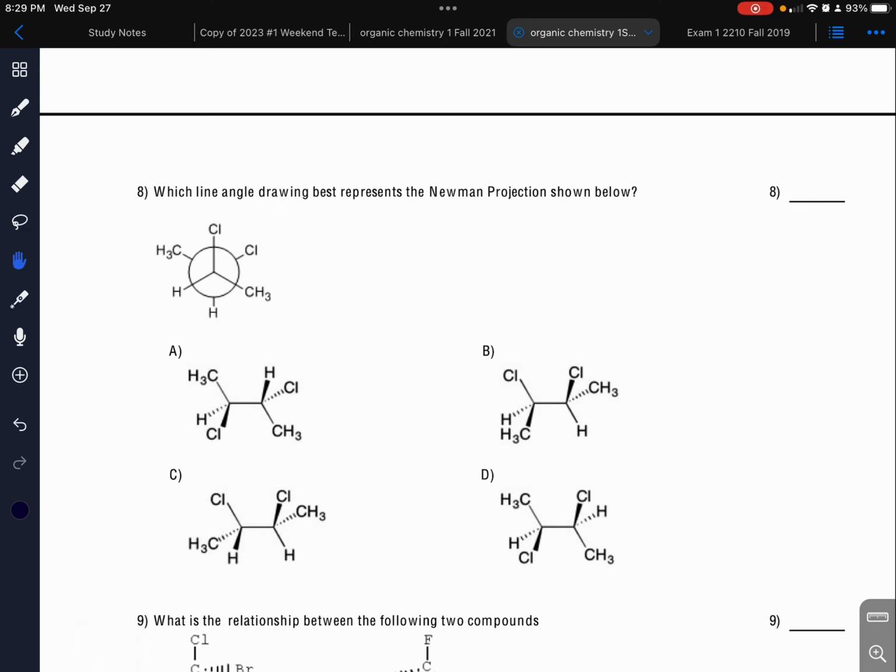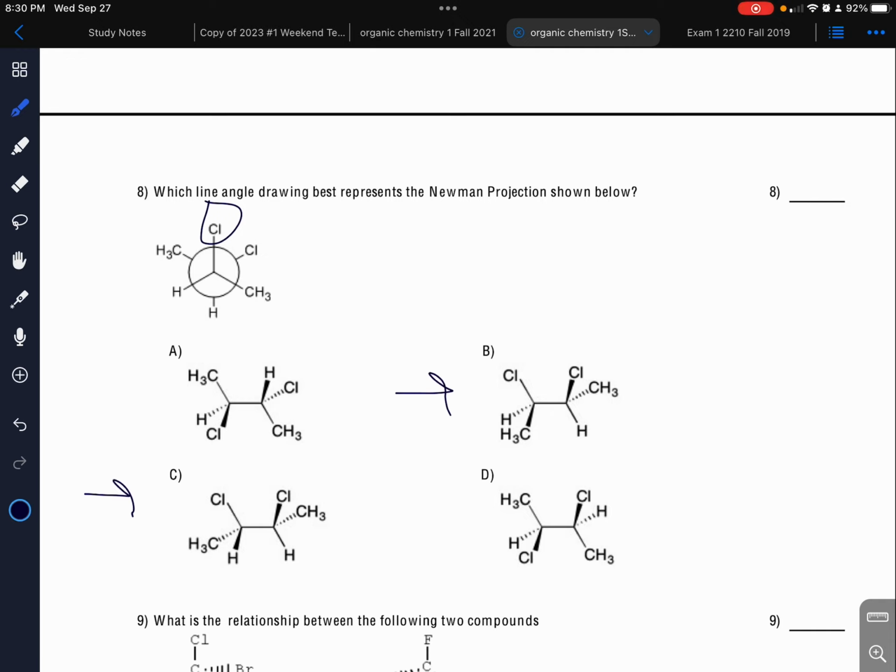Which line angle drawing best represents the Newman picture shown? So now, I see my Cl is up. So I'm going to start with those that have the Cl pointing straight up. So that gives me C and B. Now for C and B, my Cl is to the left, which means when I rotate that Cl around, my methyl group's pointing at me and my hydrogen's pointing behind me.